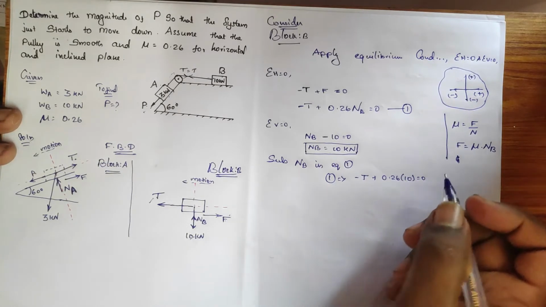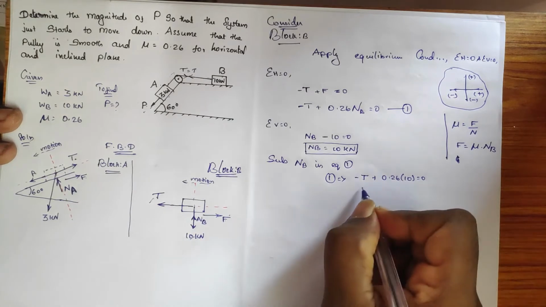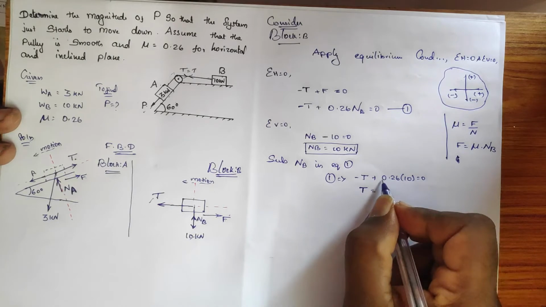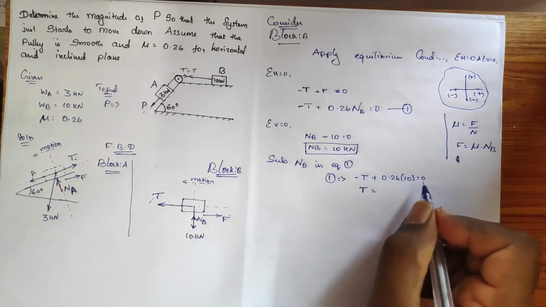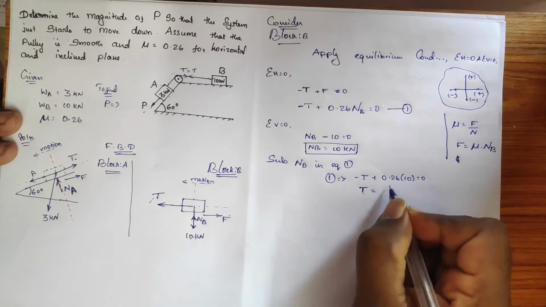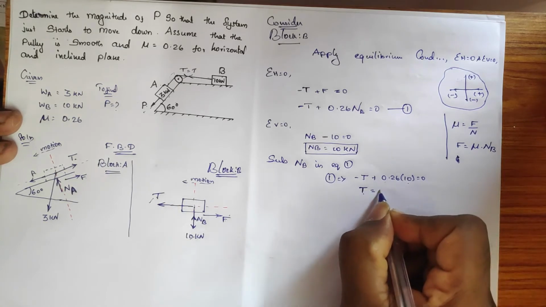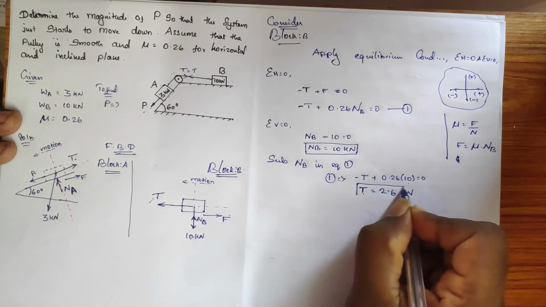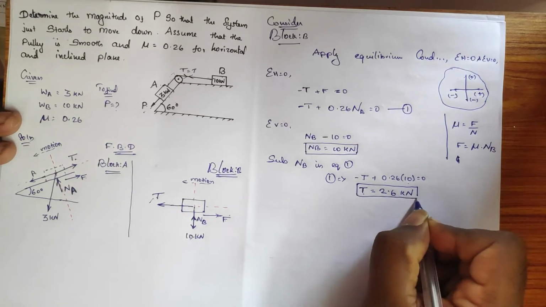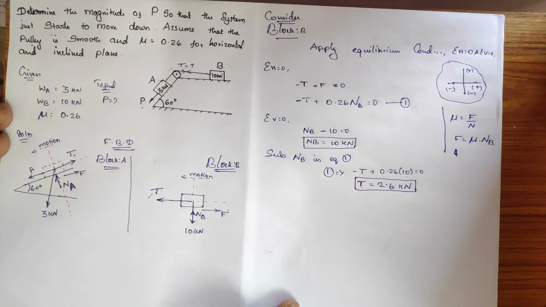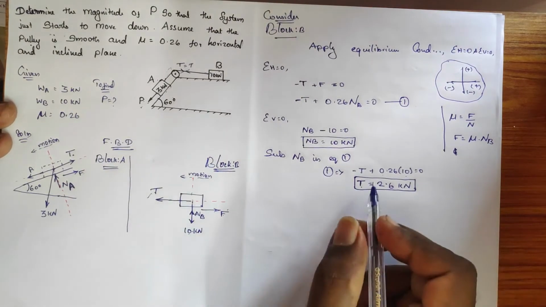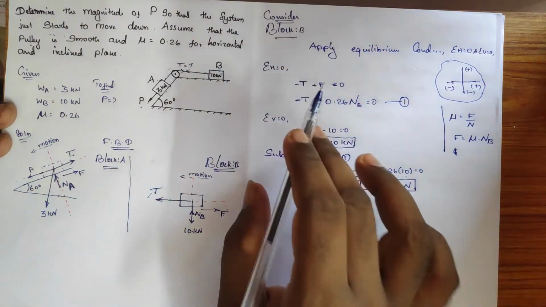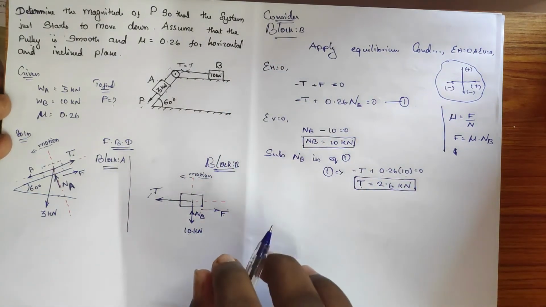So that here you will get T, which is equal to, when you take this T to the other side, it will become positive, and if you simplify this, it will be 2.6 kilonewton. This would be your answer. Okay, this would be your answer. Now we got two answers. So with the help of block B, these are the two answers we can find.